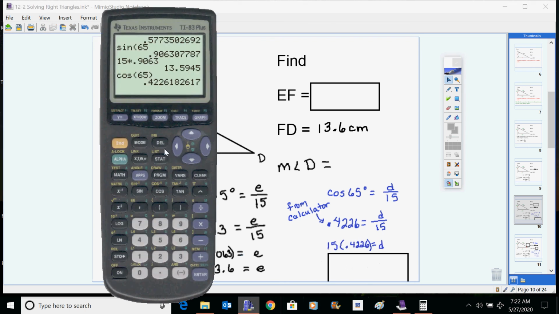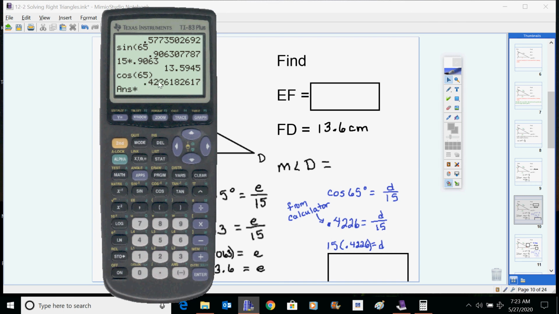Now I'll show you this cute little hint on this calculator. It doesn't work on all calculators. It works on the TI-83 Plus and the TI-84, and I want to teach you how to use this in the most efficient way. If I want to multiply 0.4226 times 15, and I just push the times button, notice that it says ANS. That stands for answer.